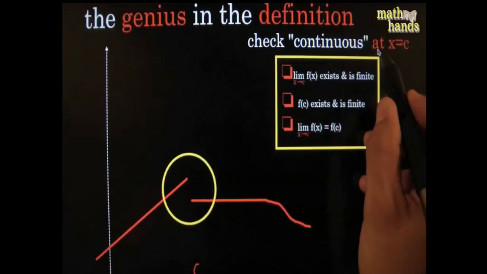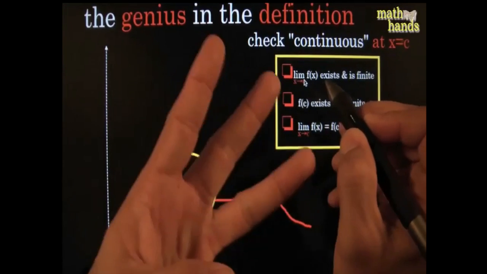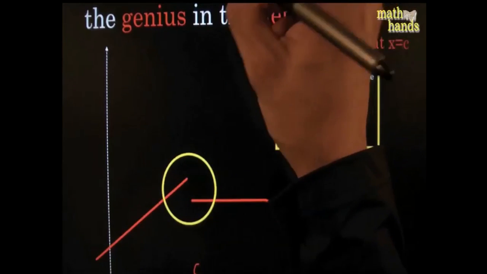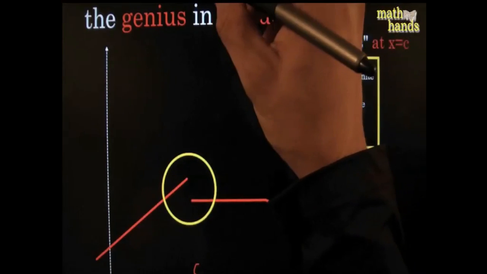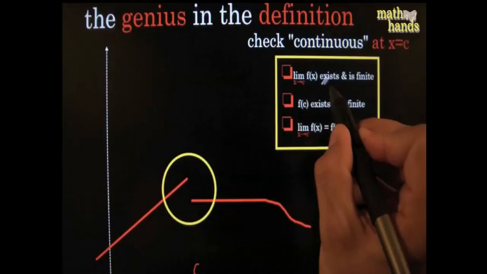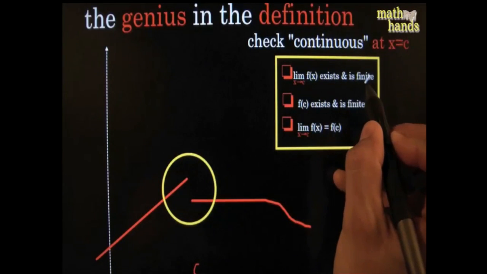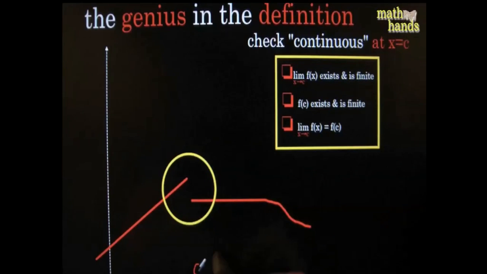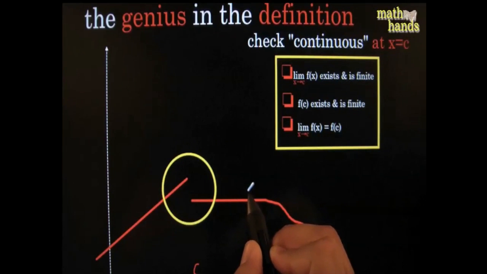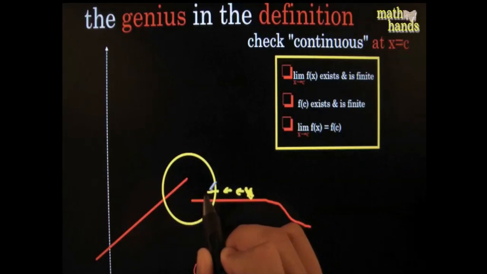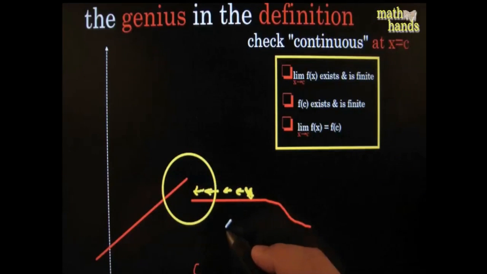If you wanted to check that something's continuous, you'd have to go through the checking of the 3 items. And so I made a little check mark box here, and I want to go through and check. Does the limit exist, and is it finite? So as I approach C, here are my y values approaching C. I've got a right limit.